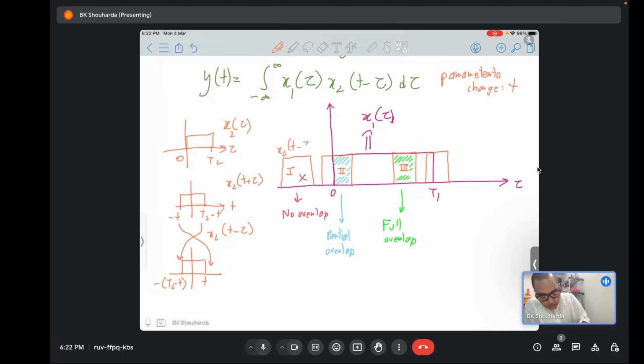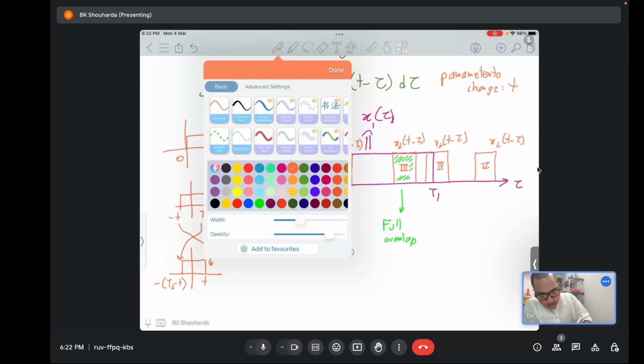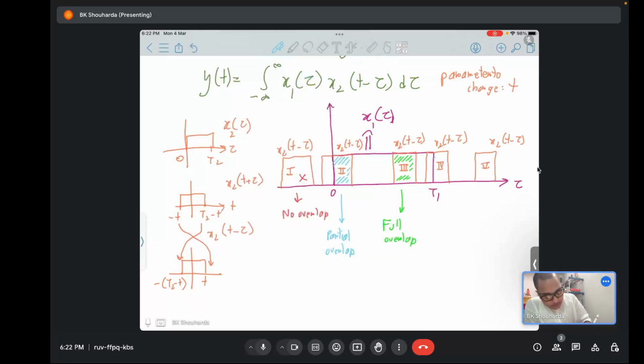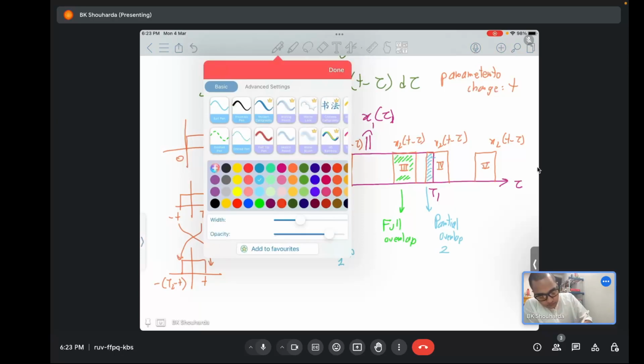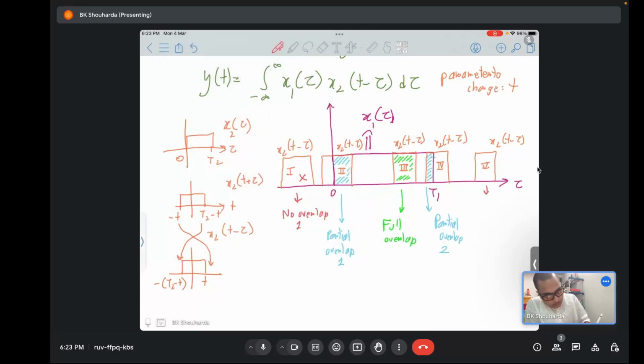Then in this case here it's again partial overlap when it's trying to move out of this rectangle, and here you are out, completely out of this rectangle. So there are 5 cases. So here you once again have the case of partial overlap 2, and here this is no overlap 2.